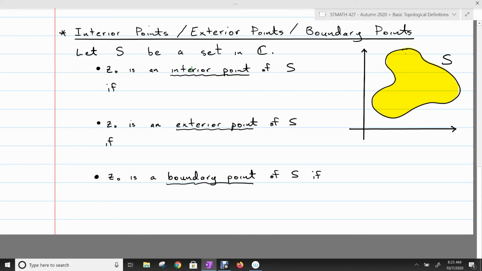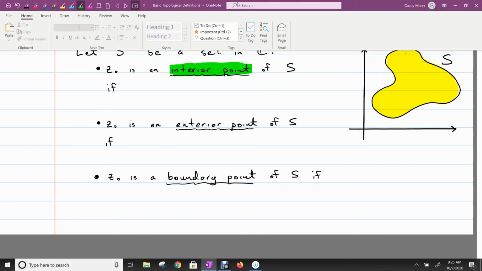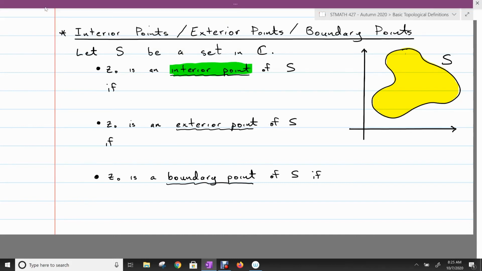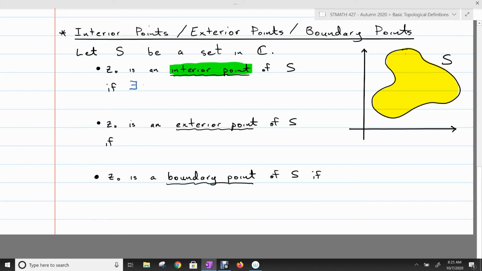So an interior point of the region S would be a point that you can put a disk around and it stays entirely inside that set S. So z0 would be an interior point of S if there exists epsilon greater than 0 such that the neighborhood of z0 of radius epsilon is contained in S. Graphically over here, some point like, say about here, z0, that would be an interior point because I can find an epsilon so that the disk of that radius epsilon stays entirely inside S. So this point here would be an interior point.